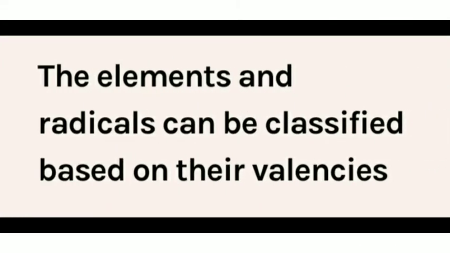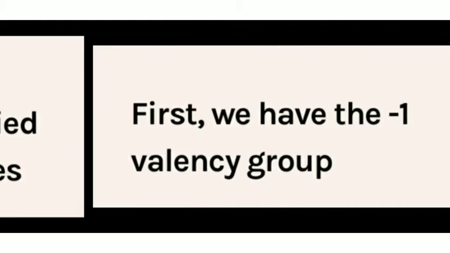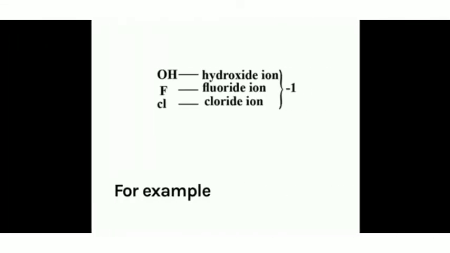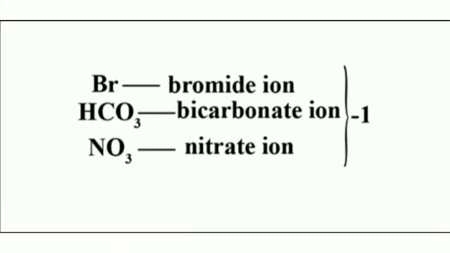The elements and radicals can be classified based on their valencies. First, we have the -1 valency group. These entities are monovalent and electronegative, hence they are designated as -1. For example, OH, that is hydroxide ion, fluoride ion and chloride ion.